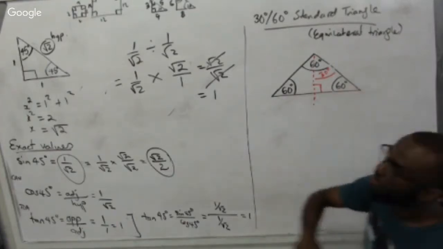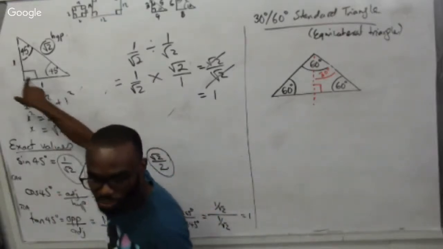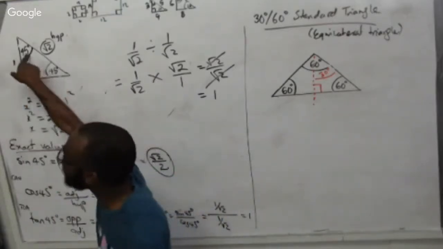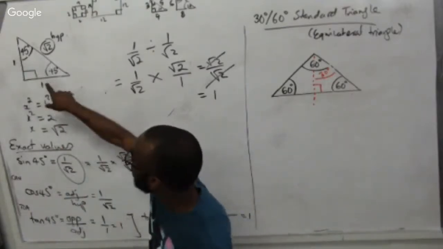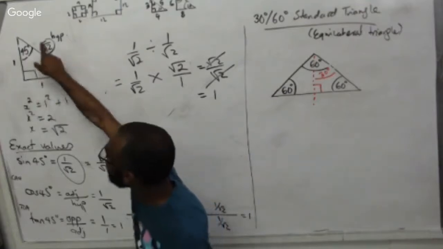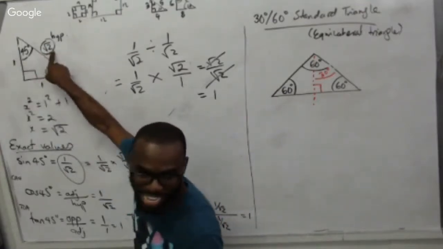And I say that to say, whether this is x and x or 1 and 1, the angles would remain the same, so it would still be 45. Right? Because I would have multiplied everything by x. This would have been x, that would have been x, and that would have been x root 2.